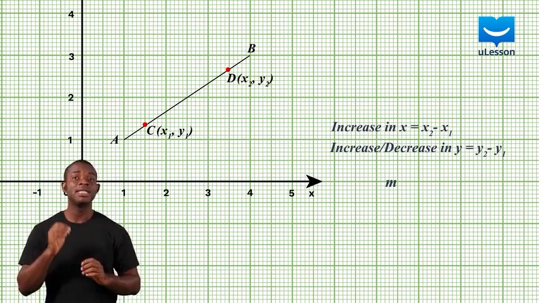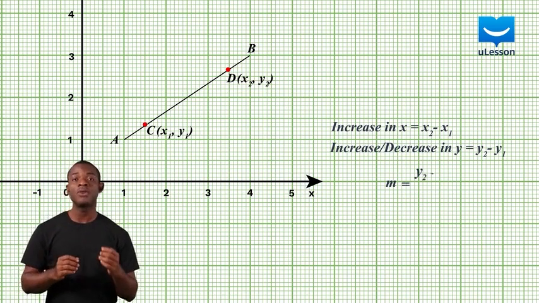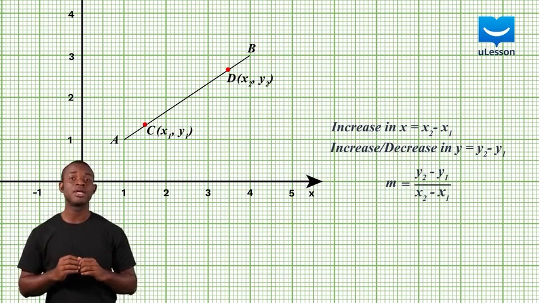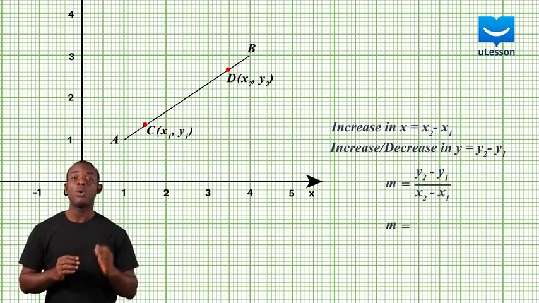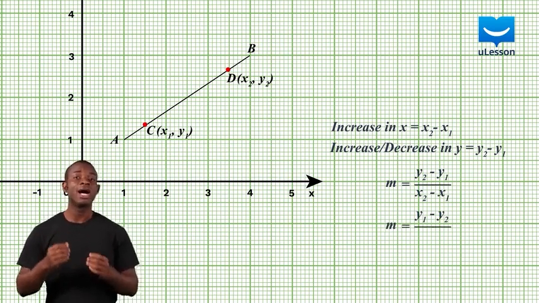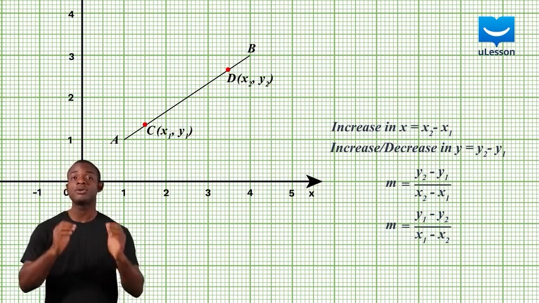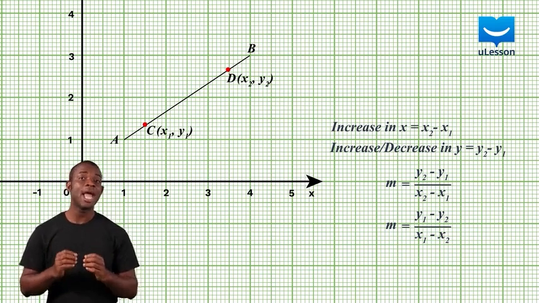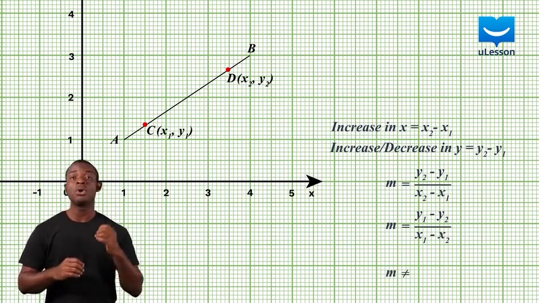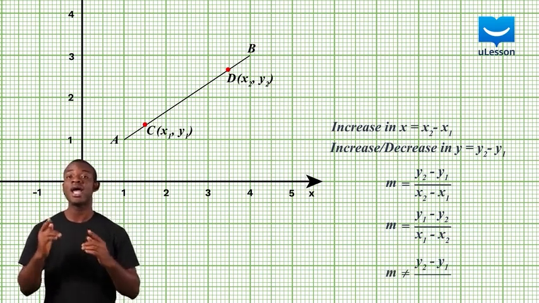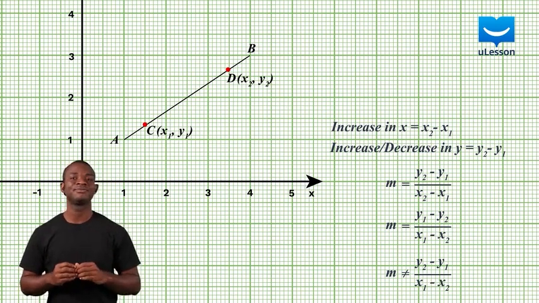Therefore, m is either equal to (y2 minus y1) over (x2 minus x1) or (y1 minus y2) over (x1 minus x2). You must always note that the coordinates of the points must correspond. That is, m cannot be equal to (y2 minus y1) over (x1 minus x2).